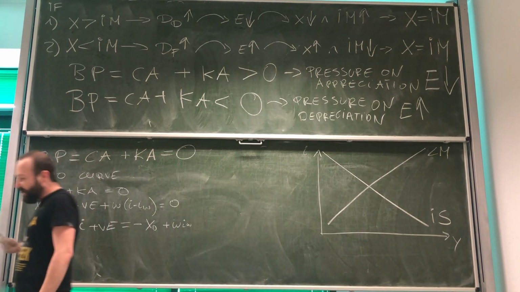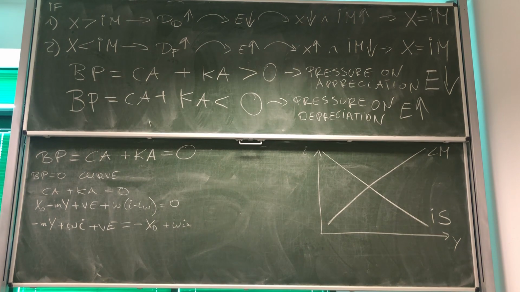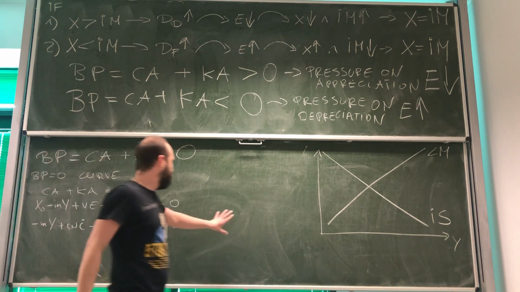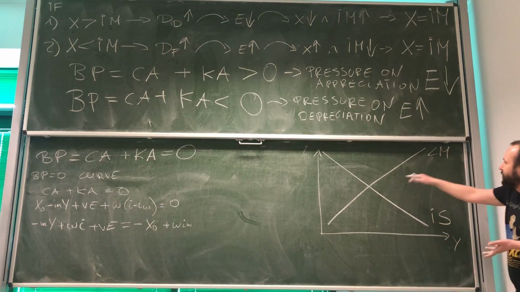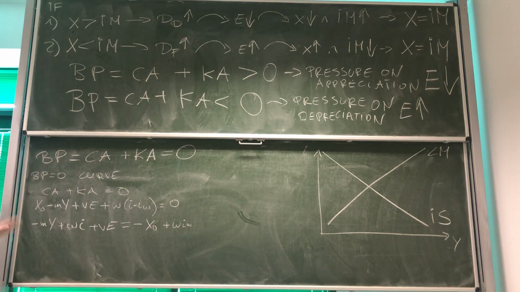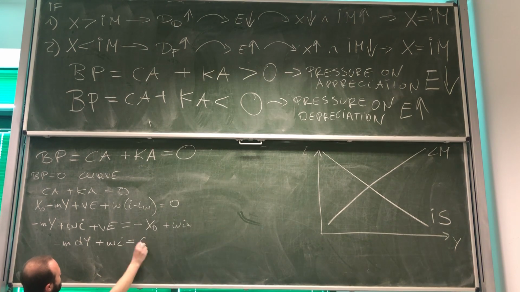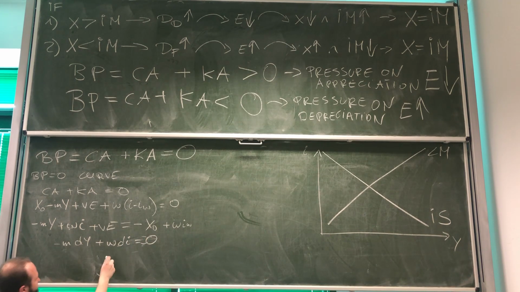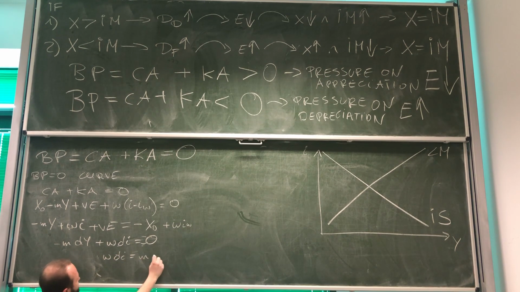Okay, so now the final thing would be, of course, to calculate the slope of BP. Again, we make a total differential with respect to income and interest rate. So we get that this is negative m dy plus w di equals 0. Now look, we can easily move this to the other side of the equation. So we get that w di equals m dy.